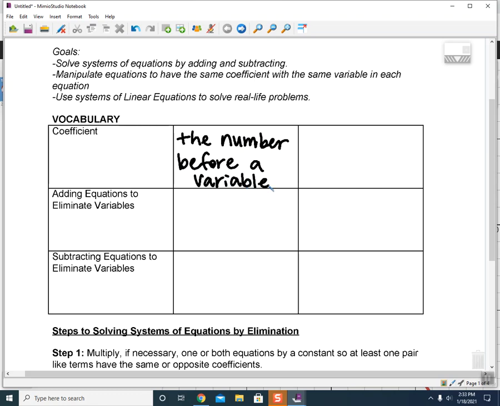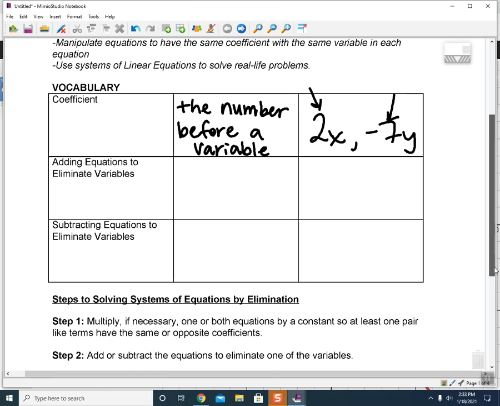Right, so an example of that would be like 2x or negative 7y, right? So a coefficient is the number that comes before the variable. So our coefficient here is 2. Coefficient here is negative 7, right? So the coefficient is a value that comes before our variable.